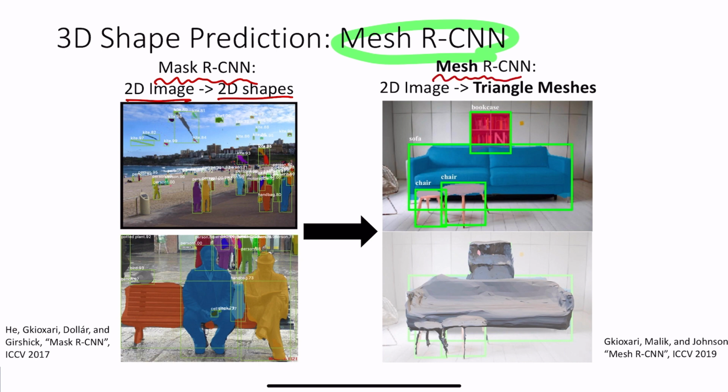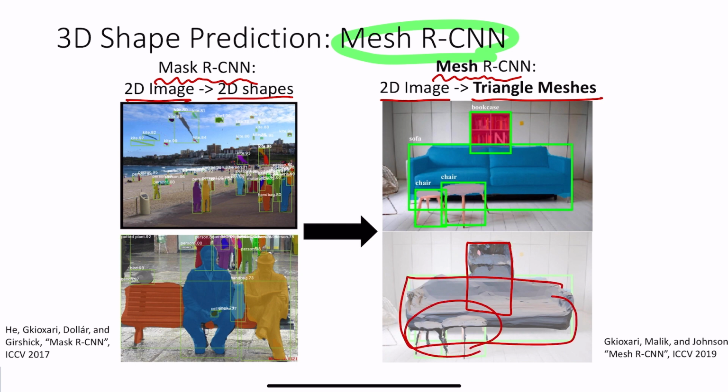In the Mesh R-CNN paper, given 2D images, they want to generate a triangle mesh for each object. It's not a single mask anymore; it's going to be triangle meshes. So at a high level, you can just add one more branch to output triangle meshes for each object. That's Mesh R-CNN.